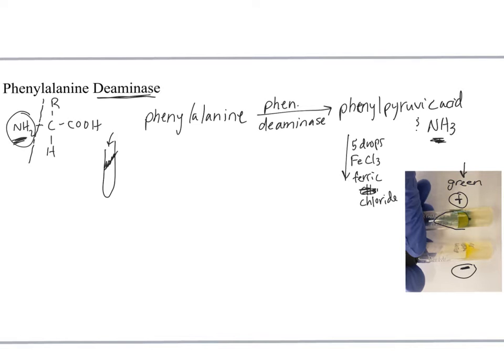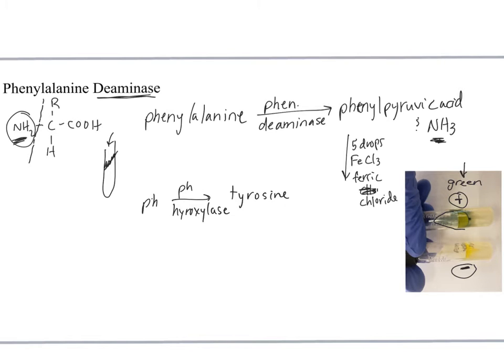Incidentally, as humans, we need to be able to break down phenylalanine as well. We do that with a different enzyme. We have the enzyme phenylalanine hydroxylase, and we get a little different end product. It's one of our other amino acids, tyrosine.